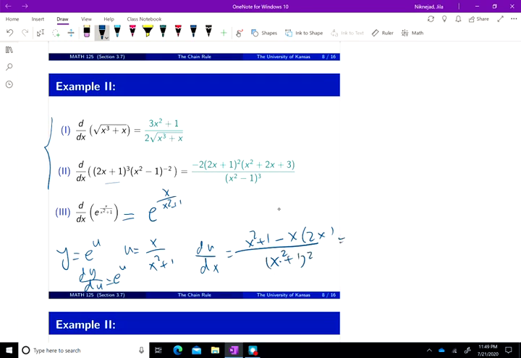It cleans up to x squared plus 1 minus 2x squared, so it's minus x squared plus 1 over x squared plus 1 to power 2. So minus x squared plus 1 over x squared plus 1 to power 2.